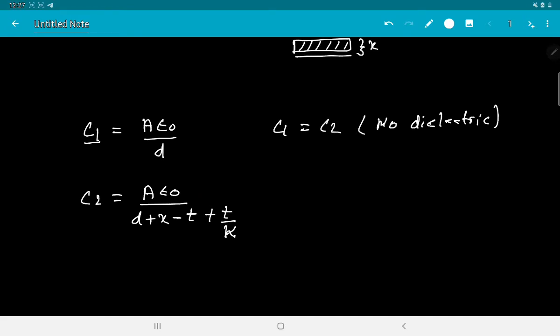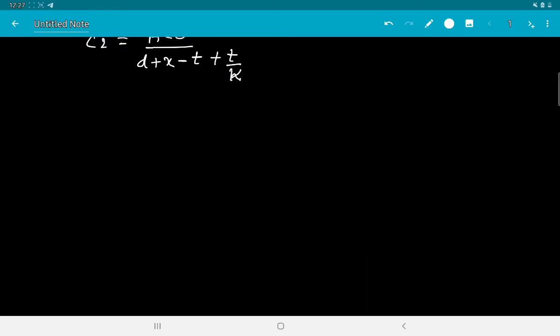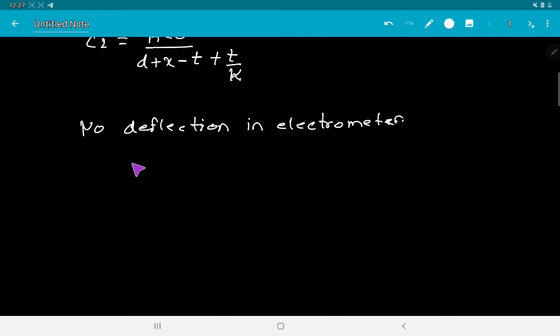Now there is no deflection in the electrometer, so C1 will become equal to C2.